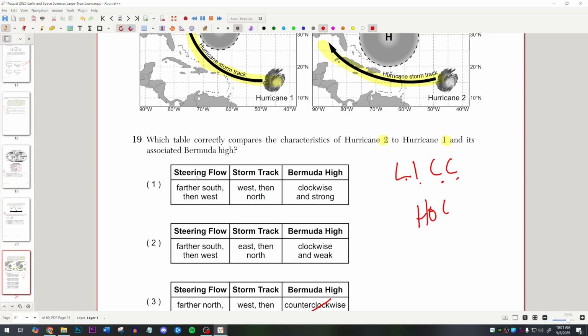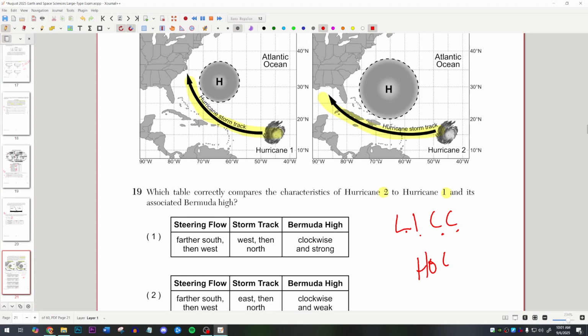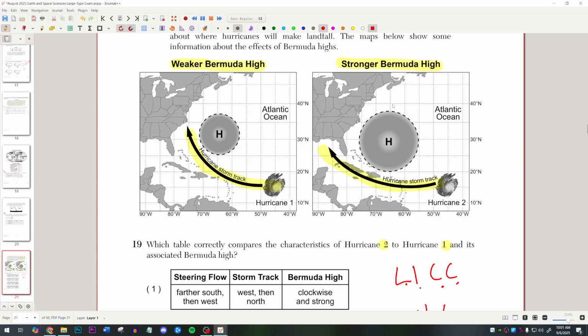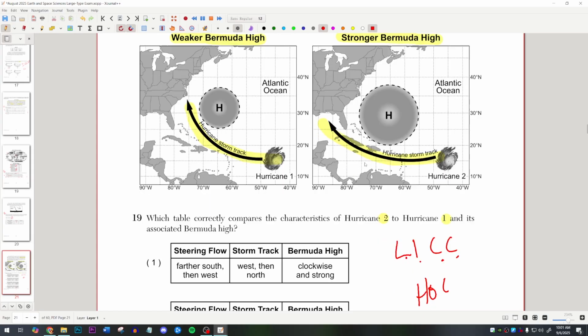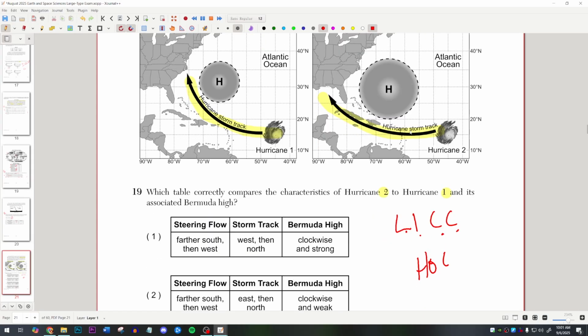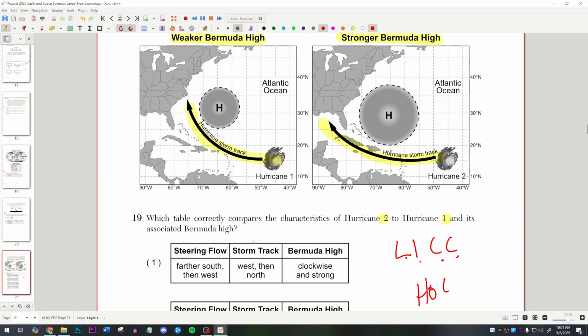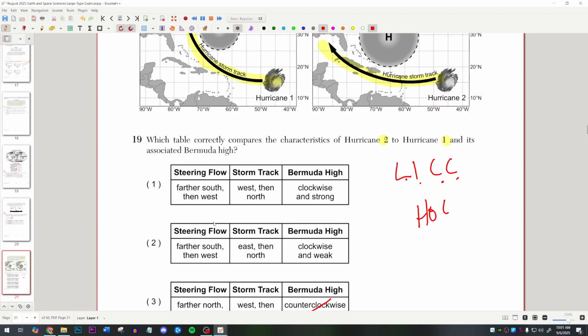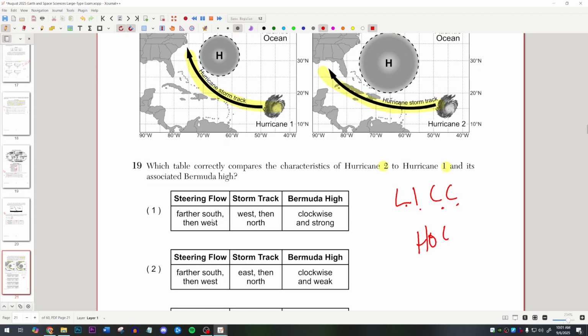Steering flow, storm track. And we're comparing the characteristics of 2 to 1. So 2, it's saying this is going to be the information of 2. So if it's 2, it's going to be farther south than west, or, oh, so it's always farther south than west, okay.